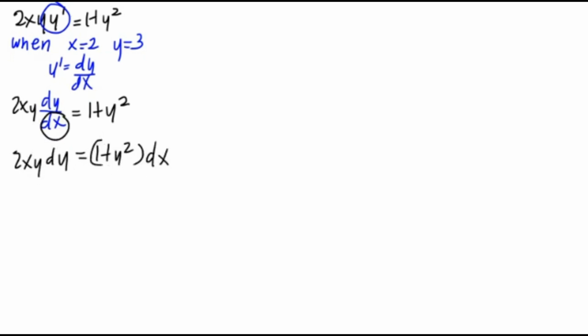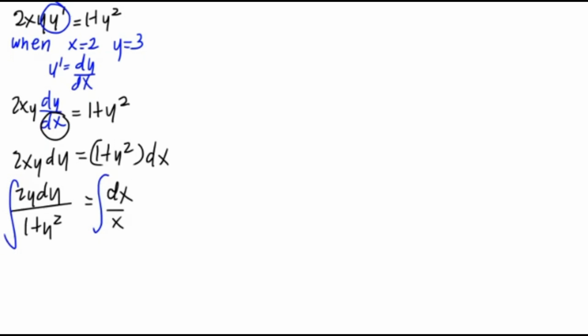Next is, divide naman natin both sides by 1 plus y squared and yung x. So, magiging 2y dy all over 1 plus y squared is equal to dx over x.